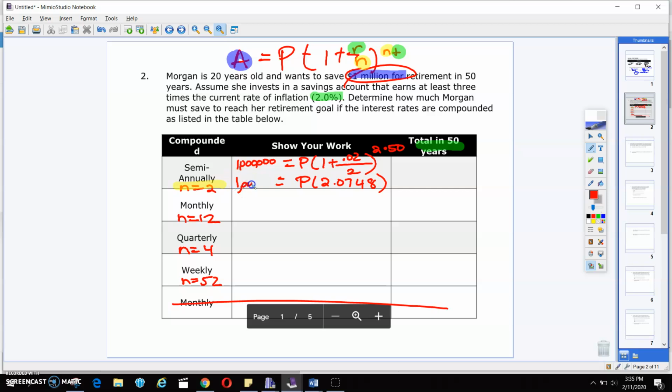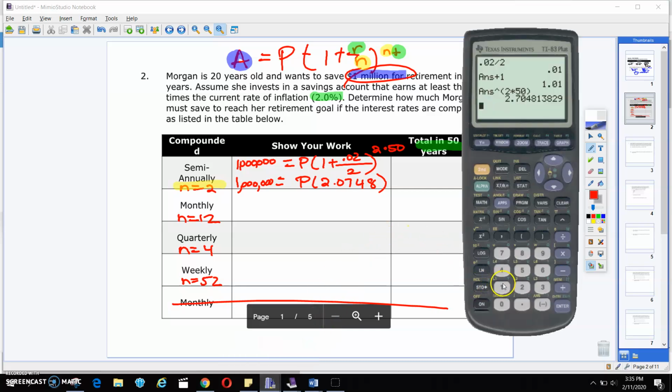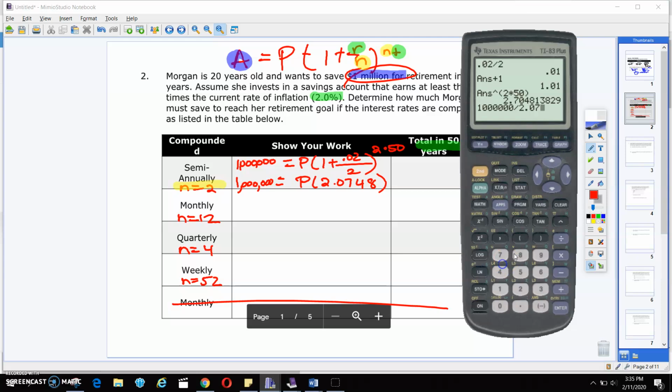equals 1 million. So now I still want P by itself because I want to figure out how much money I have to save up in order to have $1 million by the time I turn 50. So I'm going to take 1 million and I'm going to divide it by 2.7048. I'm sorry, I wrote that number wrong.